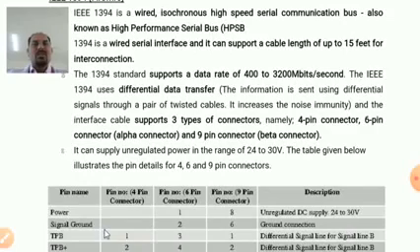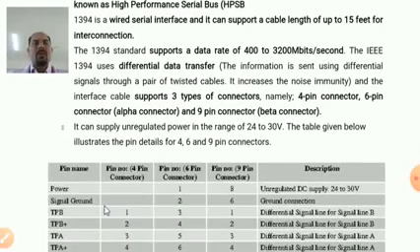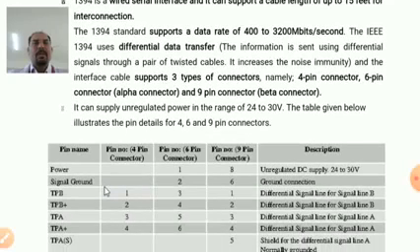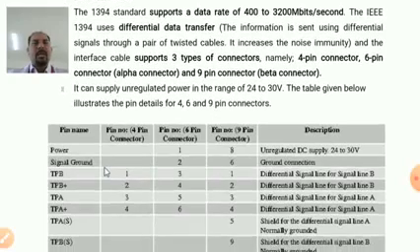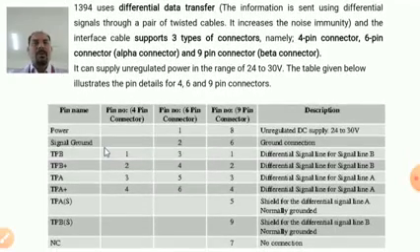It uses differential data transfer, supports three types of connections: 4-pin connector, 6-pin connector, 9-pin connector. The 6-pin connector is also called an alpha connector, the 9-pin connector is also called a beta connector. It can supply unregulated power in the range of 24 volts to 30 volts.